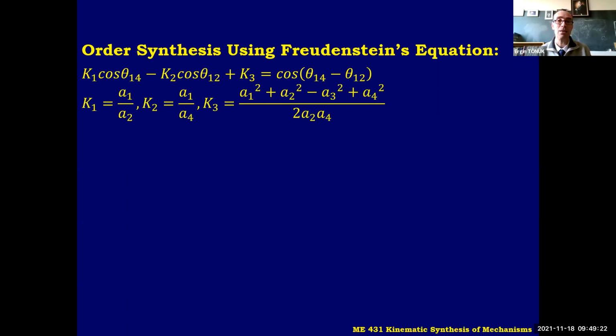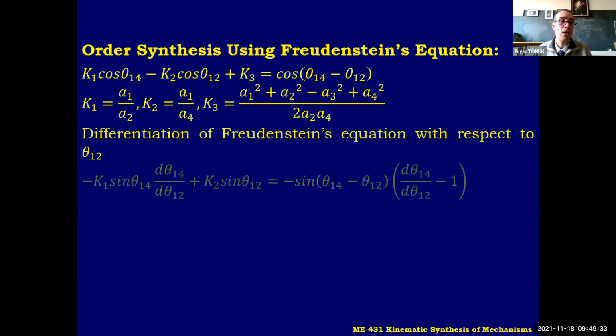synthesis, we might say. Now, this was our original Freudenstein's equation, and we can differentiate it with respect to theta 1, 2. And you can just think that there's a d theta 1, 2 by dt here. And actually, this is the good part of Leibniz notation compared to Newton's dot notation for derivatives.